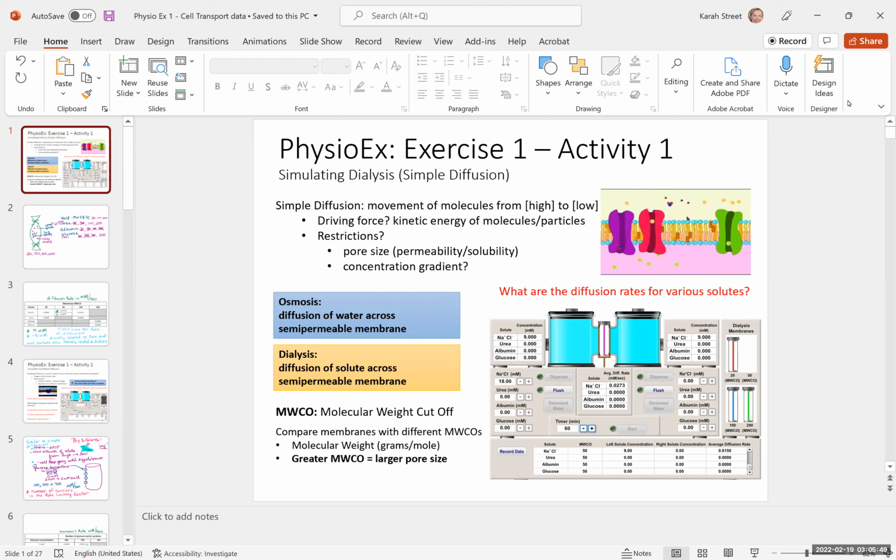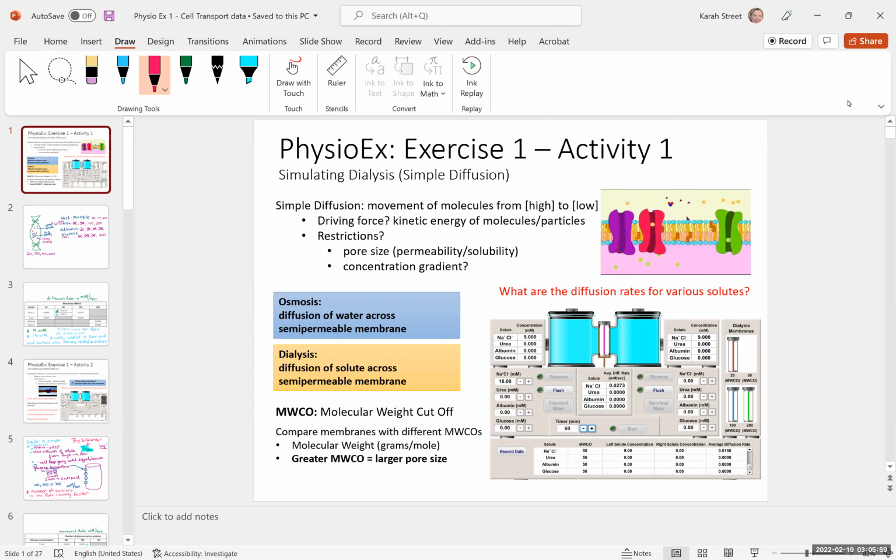In the bottom right picture, you see the apparatus that we used for this activity. We had 2 chambers, and in between the chambers, we had a dialysis membrane. That dialysis membrane was supposed to represent a biological membrane. This dialysis membrane had a molecular weight cutoff associated with it.